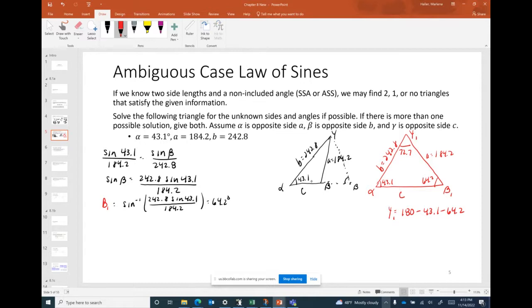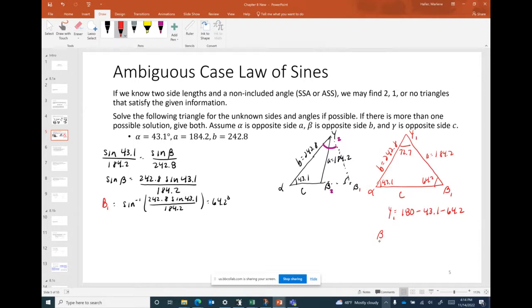But there's another triangle that we can solve over here. There's another triangle that's going to have beta sub 2 in it. This guy over here was beta sub 1, and this one's going to have a gamma sub 2, which is going to be this larger angle. So the question remains, how do we go about finding the second beta? Well, look at this. These two angles, aren't they supplementary angles?